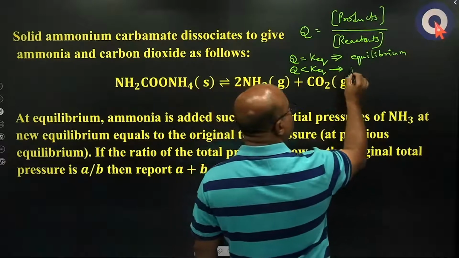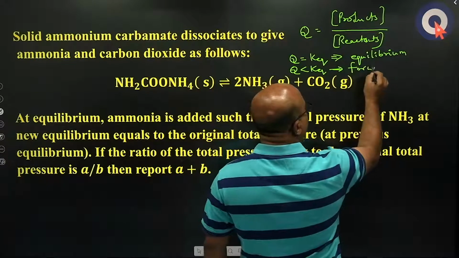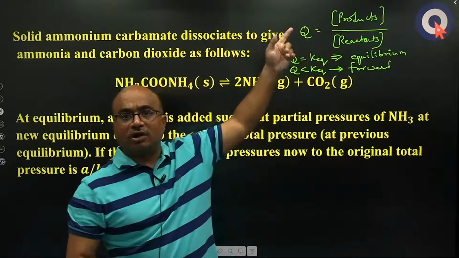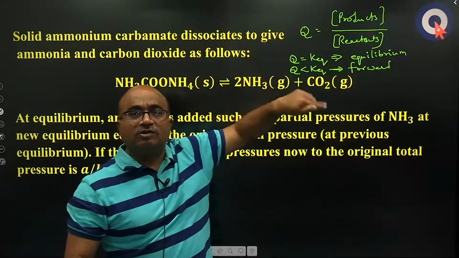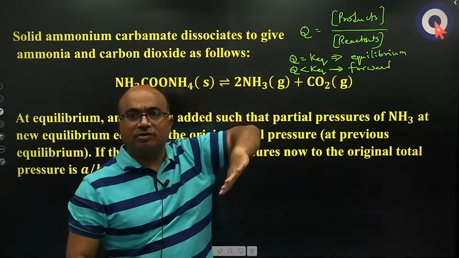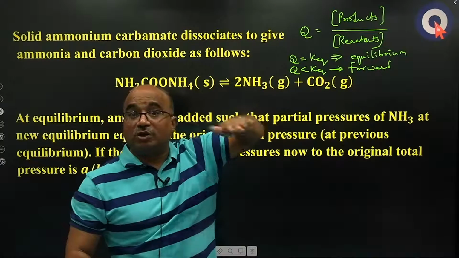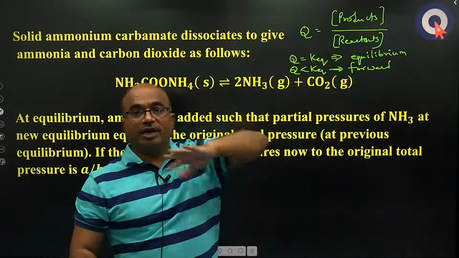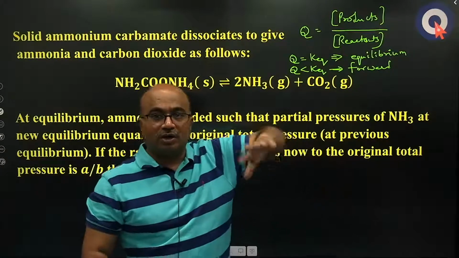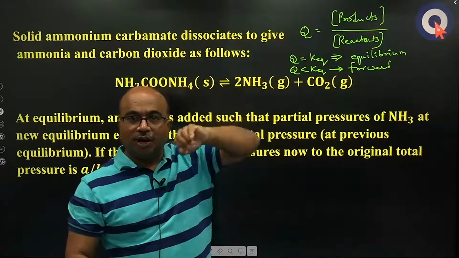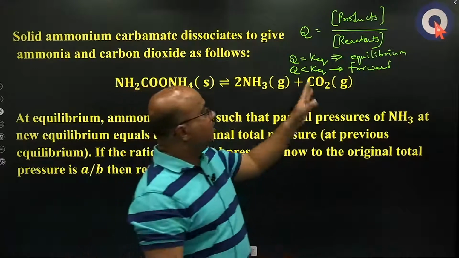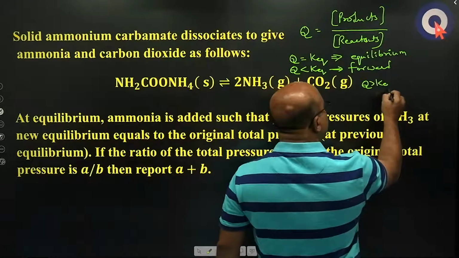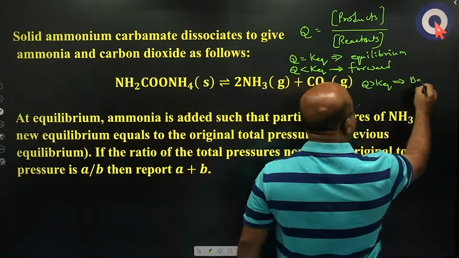The reaction moves in the forward direction because it has to increase the active masses of the products and decrease the active masses of the reactants. So when a reaction moves forward, the product values increase and the reactant values decrease. Similarly, the reverse situation: when Q is greater than K, the reaction moves in the backward direction.